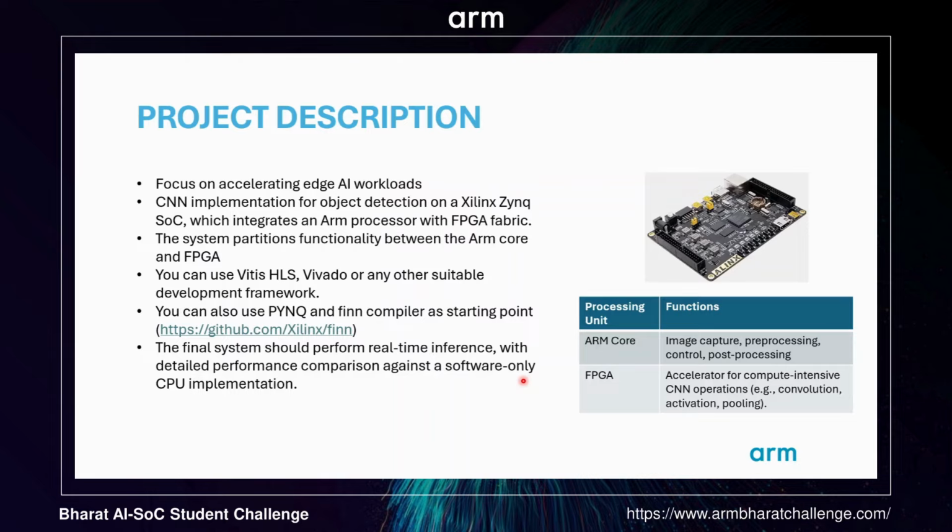As an example, the ARM core can be used for image capturing, pre-processing, control, and post-processing tasks, whereas the FPGA can act as an accelerator for compute-intensive CNN operations, such as convolution, activation, and pooling.